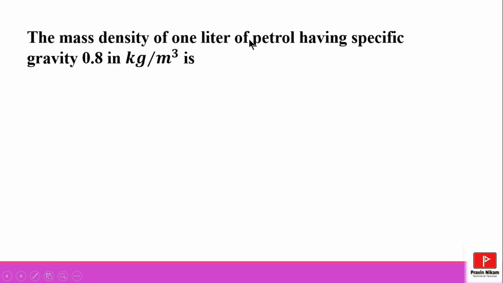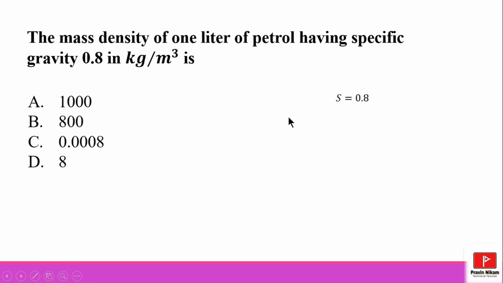Now see the next question. The mass density of 1 liter of petrol having specific gravity 0.8 in kg per meter cube is. Given is specific gravity, S is 0.8. Options are here. We know the specific gravity of any liquid is equal to density of that liquid divided by density of water. Petrol is our liquid, so S is equal to rho petrol divided by rho water.